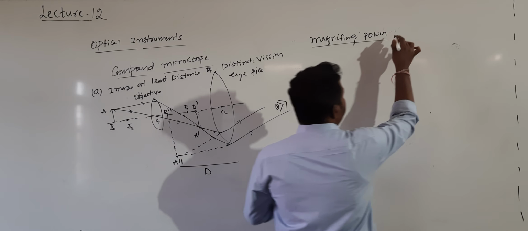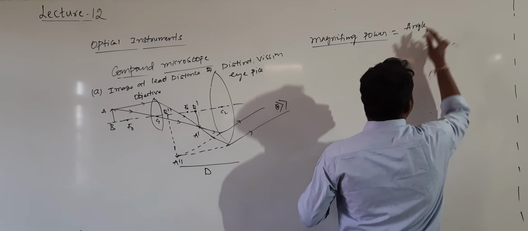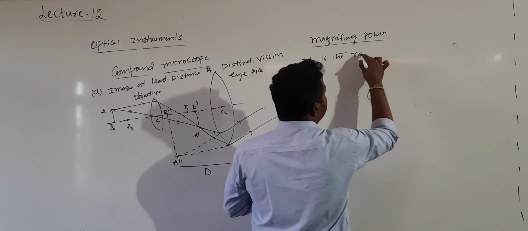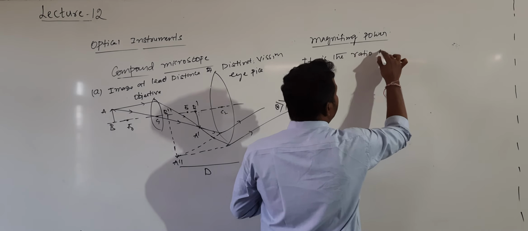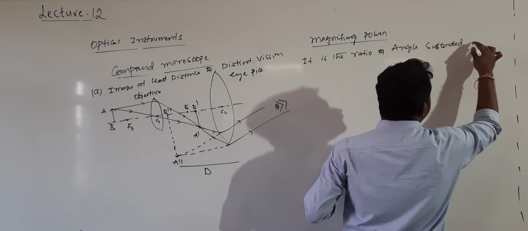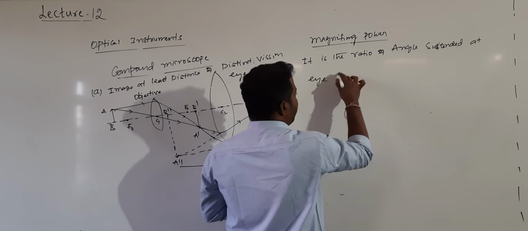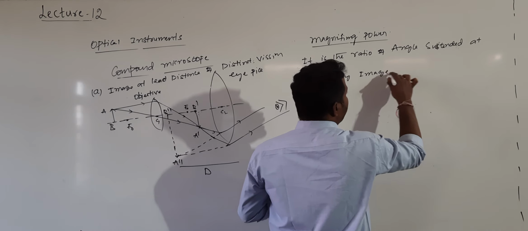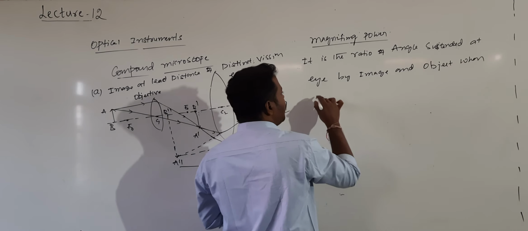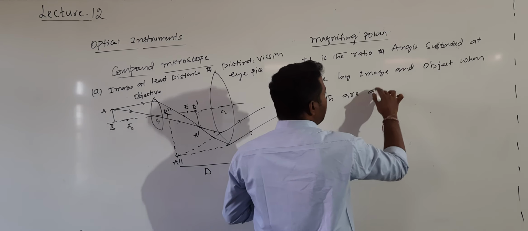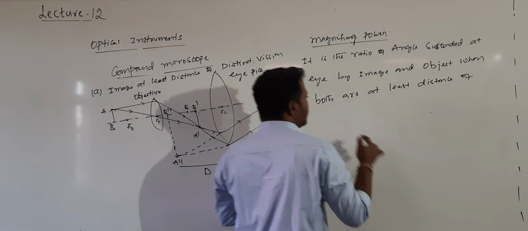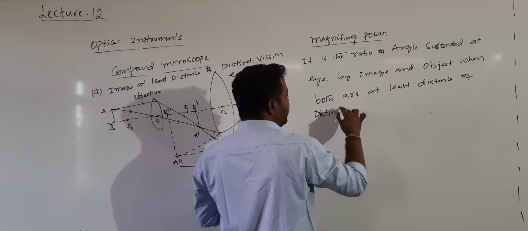The magnifying power is the ratio of the angle subtended at the eye by the image and the object, when both are at the least distance of distinct vision.